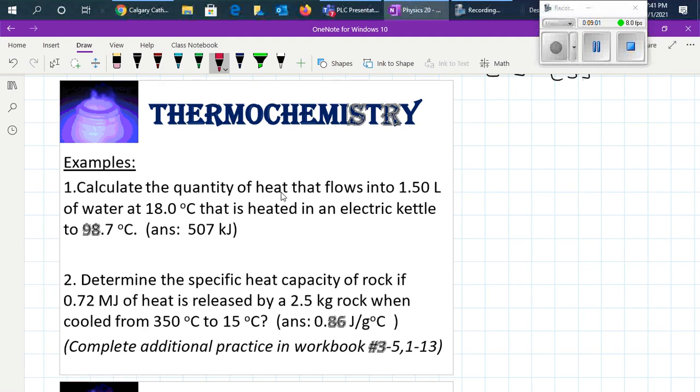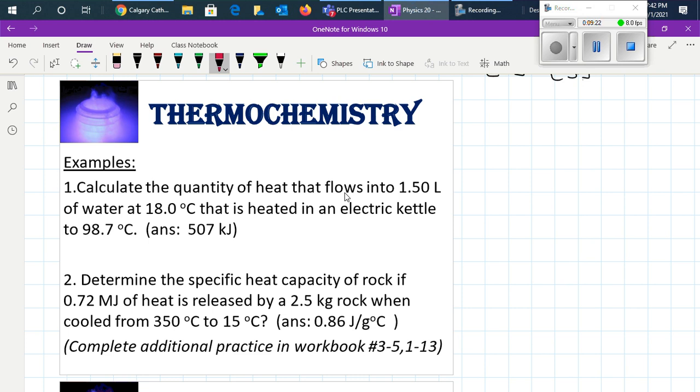So let's see now some examples on the calorimeter. Let's calculate the quantity of heat that flows into 1.50 liters of water at a temperature of 18 degrees that is heated in an electric kettle to 98.7 degrees Celsius.